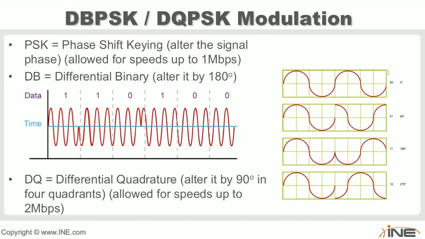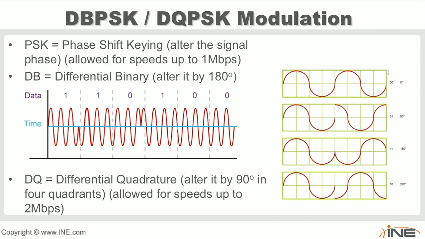So that's the difference: I'm either cutting that phase up by 2, differential binary, or by 4, differential quadrature. You're going to want to remember quadrature because we're going to be using quads quite a lot, cutting things up into 4 quadrants.